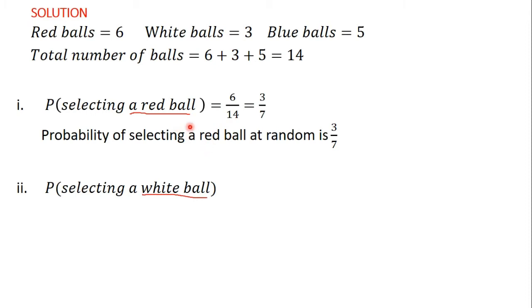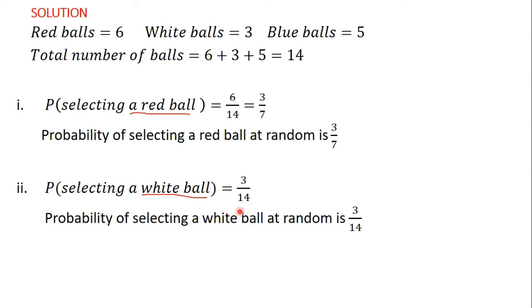Just as we did for the red balls, the probability of selecting a white ball is the number of white balls, which is 3, divided by the total number of balls, which is 14. So the probability of selecting a white ball at random is equal to 3 divided by 14.